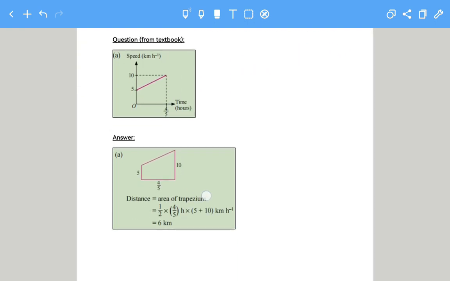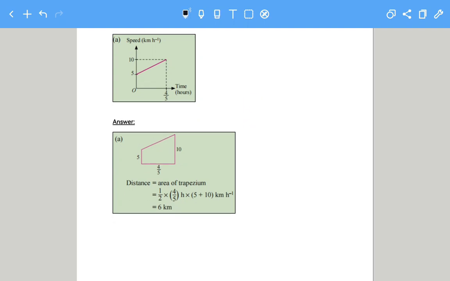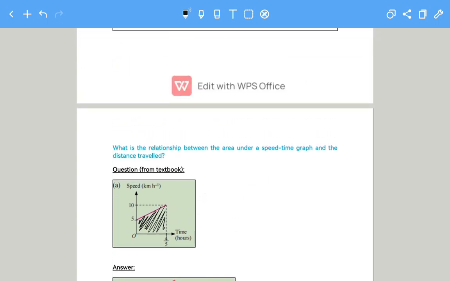Alright, let us find the area under the speed time graph. Just see this example. We find the area here. If we need to find the area over here, we know that this length is 10, right? This here is 4 over 5, and this here is 5, right? So we draw it out like this. This is 5, this is 10, this is 4 over 5.